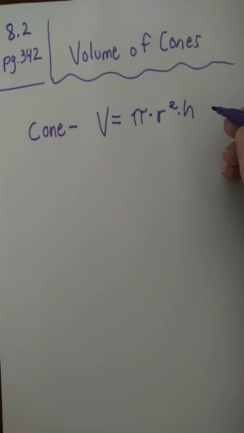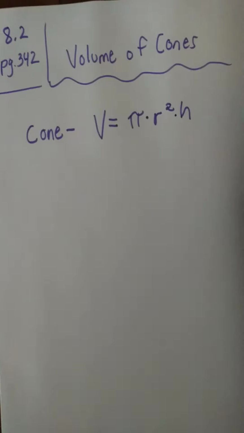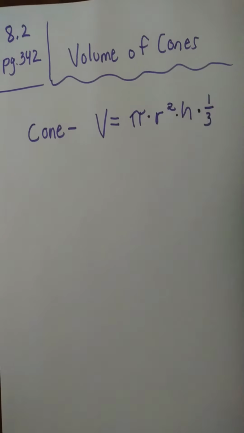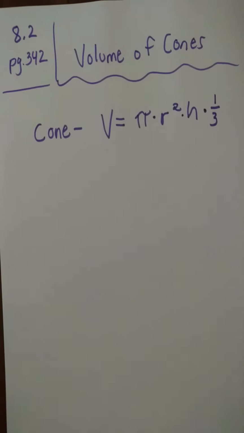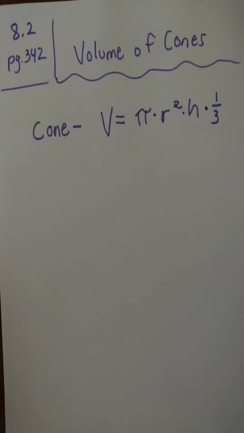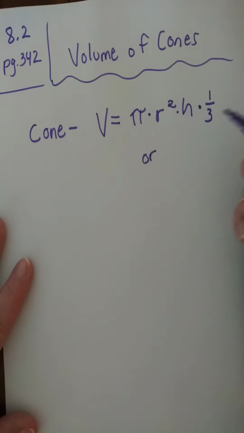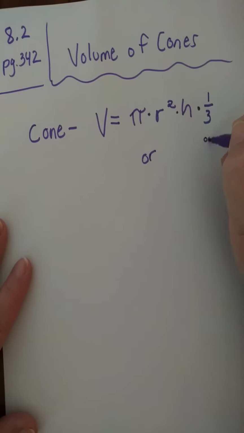And then we know that 3 cones fit inside, so we multiply it by 1/3. That's how you get 1/3 of something, is multiplying it by 1/3. Now the easy way to multiply by 1/3 is to divide by 3.